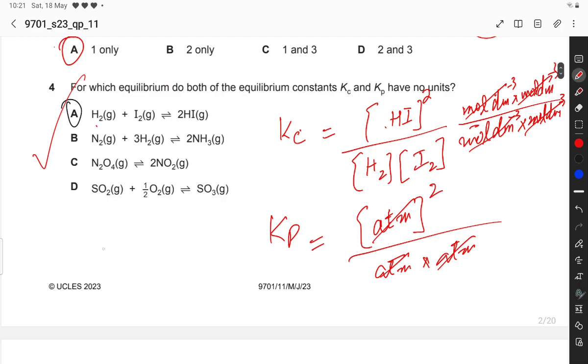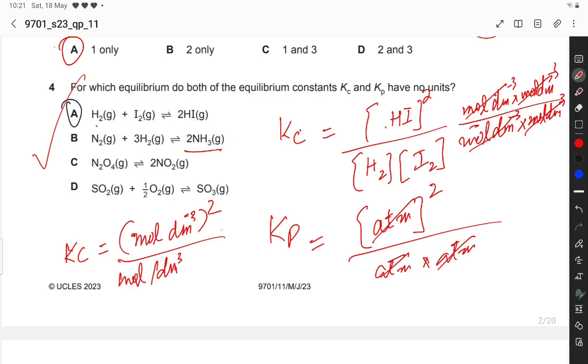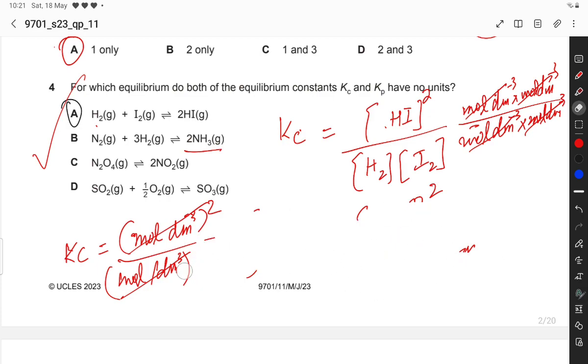So this reaction, option A, is correct. For N2 and NH3, Kc is equal to the ammonia concentration squared over the others, so mole dm cubed twice over mole dm cubed thrice. So this is correct, and this one is incorrect, because in this case the mole dm cubed is reduced to 1, so this is cancelled out and this is reduced from 3 to 2, so that's why it is incorrect.